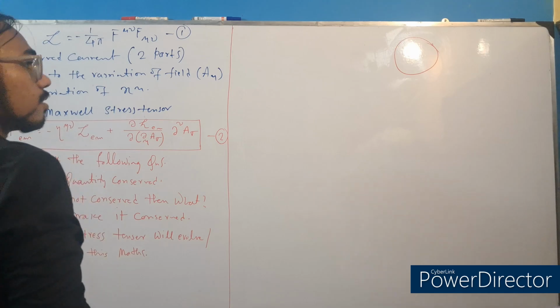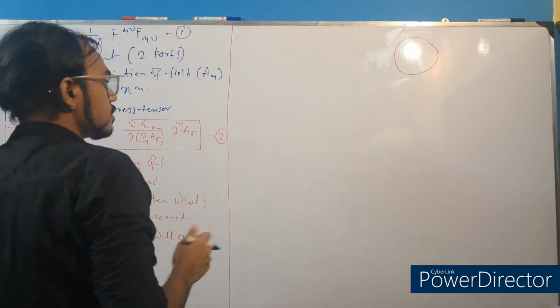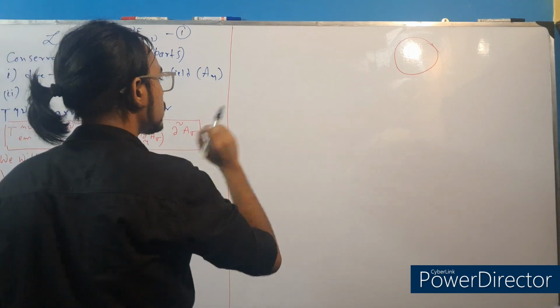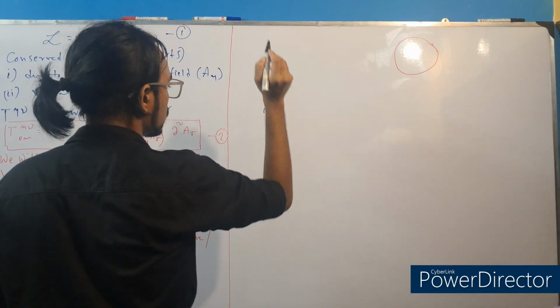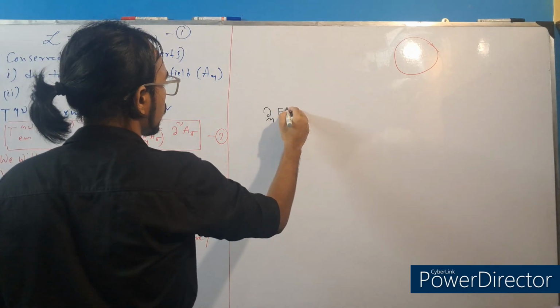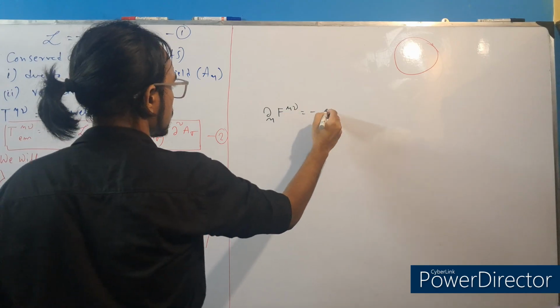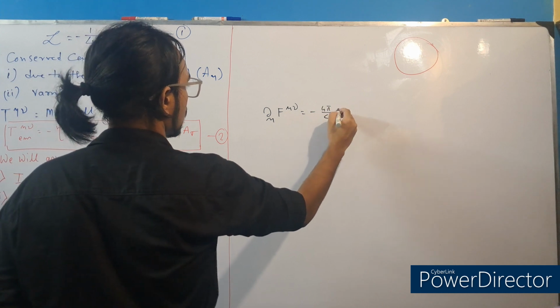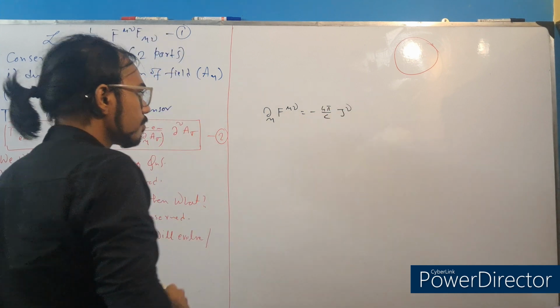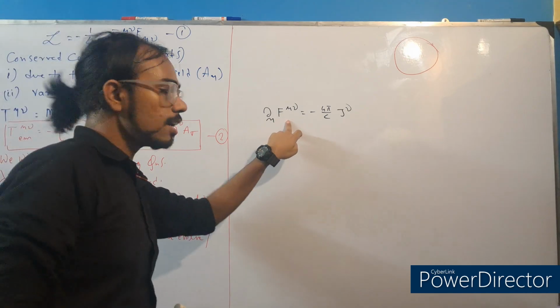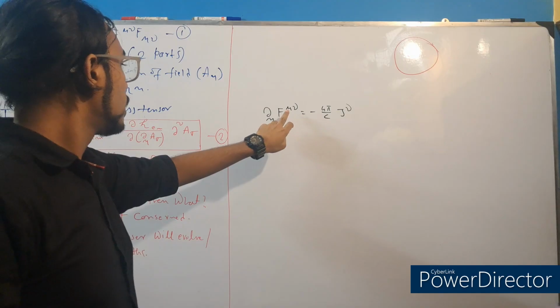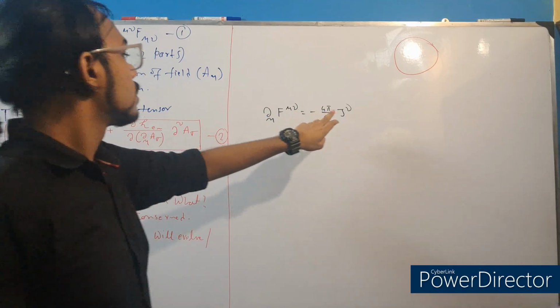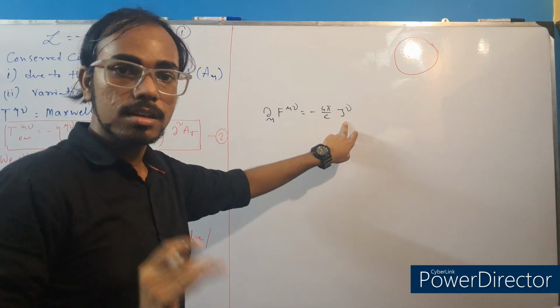Fine. So I will just write the inhomogeneous Maxwell's equation now. If you guys know it, then fine. If not, then you can just see. Okay. So F mu nu is the Maxwell's tensor. J nu is the current.